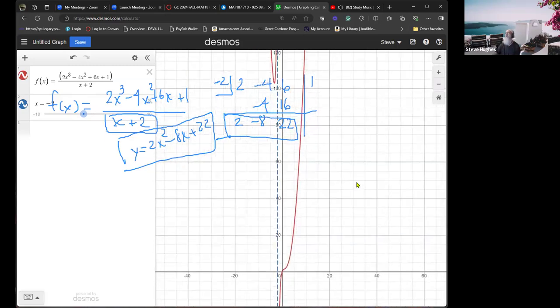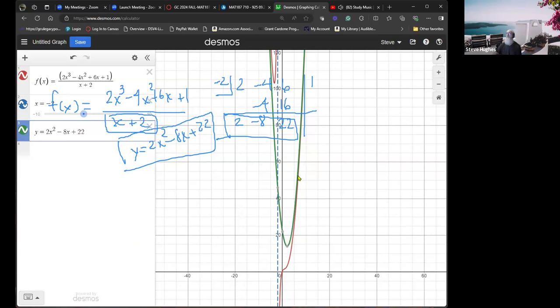There you can kind of see what's going on. And we can put our asymptote in. It'll be y equals 2x squared minus 8x plus 22. And there you can see it.